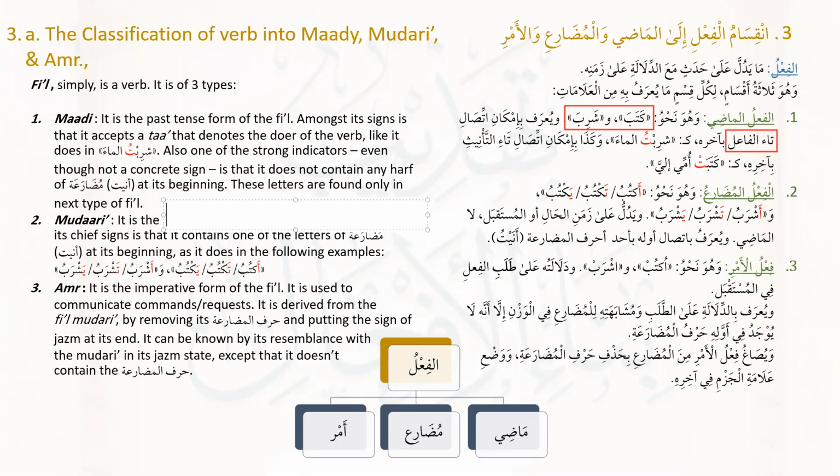Well, one of the other signs is that the fi'l madi would never have harf al-mudara'a. Who can remind me what is harf al-mudara'a? أنيت: همزة، نون، ياء، تاء.